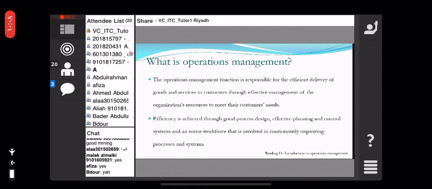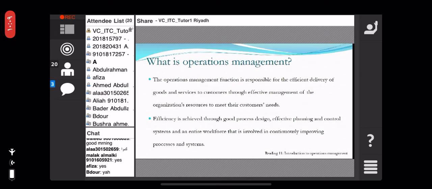What is operation? Operation, basically, is the daily activities inside the organizations. Let's say we start our operations from 8 to 5. In a bank, we start our operations from 9 in the morning till 5 in the evening.